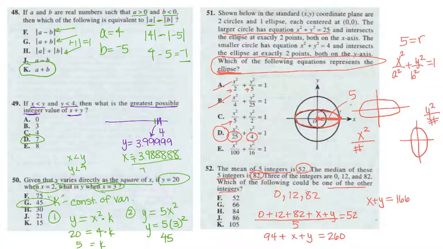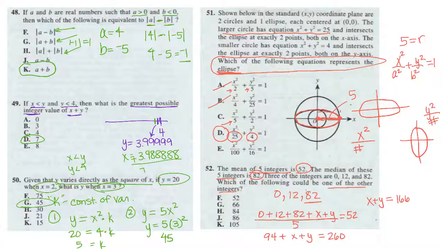Okay, now the other thing that we have to look at is the median. The median is 82, so that means that our middle number is 82. When we start looking at all the different possibilities, let's try our answer choices and see.